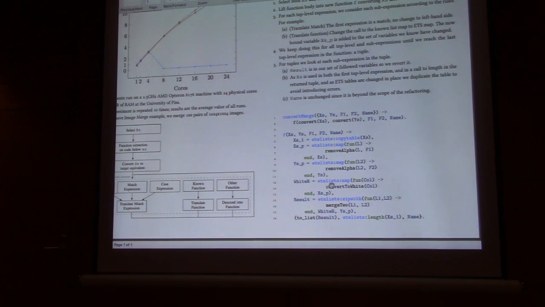And what is the representation? How is a list represented as an ETS table? I apologize, I can't remember right now the details of the implementation of the ETS table. I can look at that.